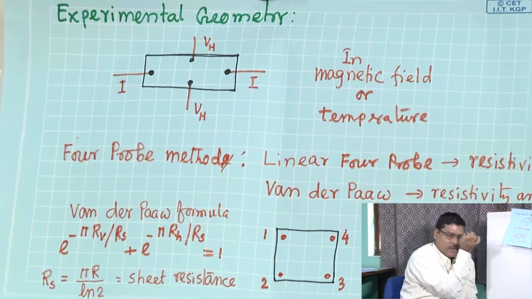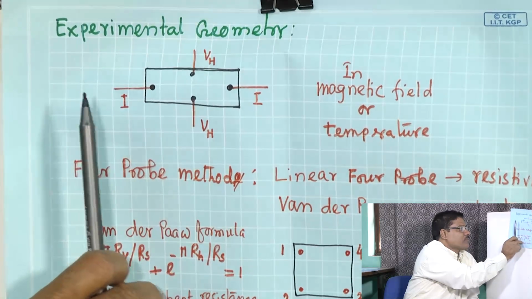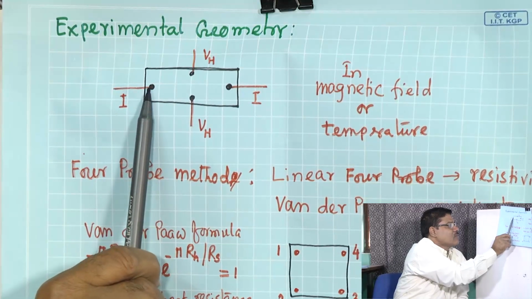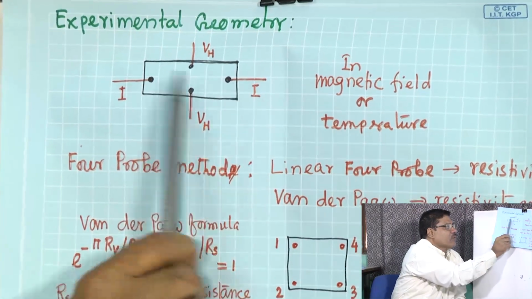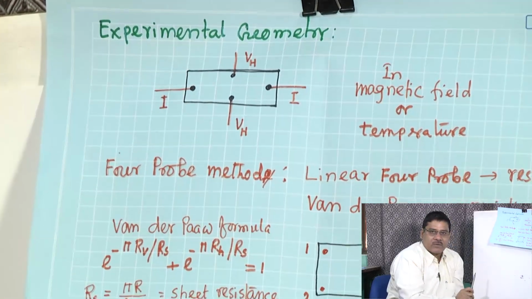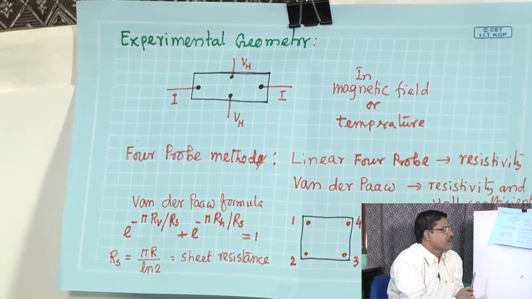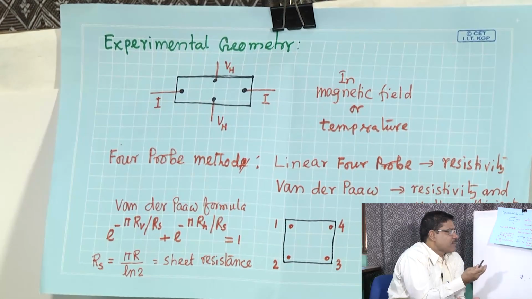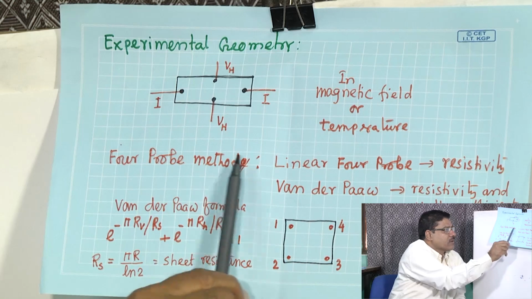In the magnetoresistance measurement, we used the linear probe method for measuring the resistance.